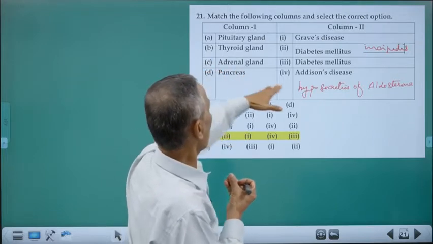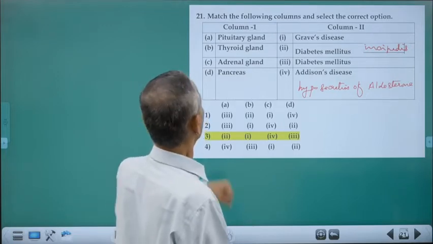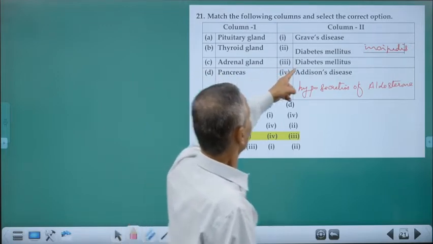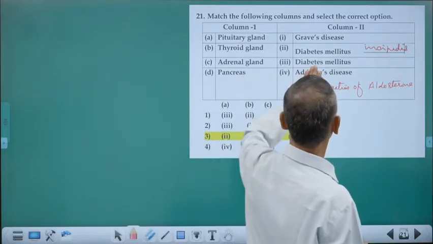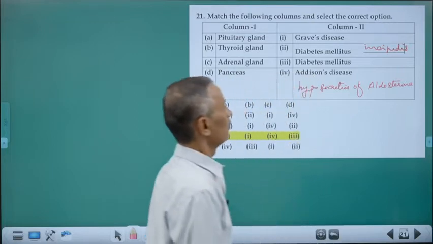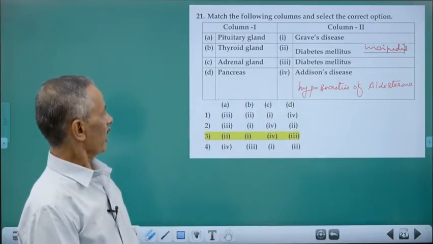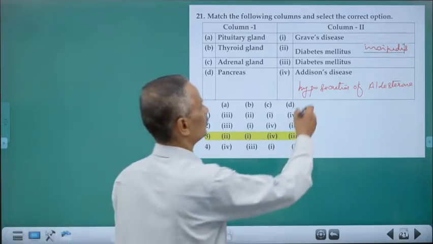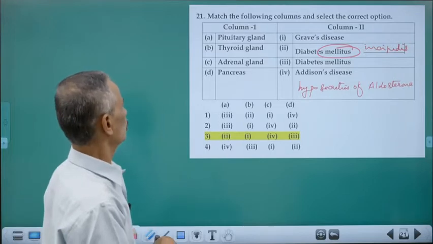Adrenal glands, hyposecretion of aldosterone, Addison's disease, and pancreas. See, pancreas is responsible for the deficiency of the disease cause diabetes mellitus. Okay, there can be only this one, so this may be an incorrect one. I think so.